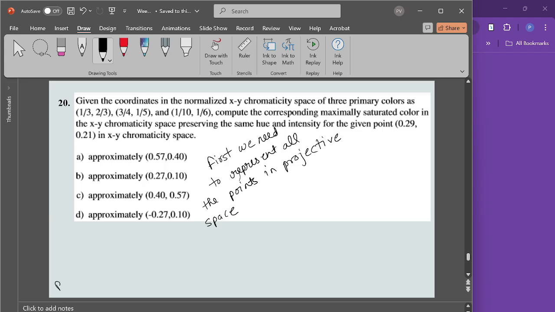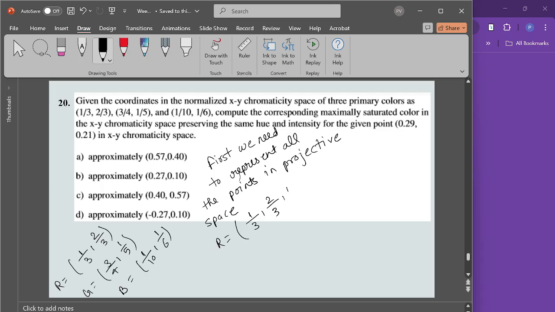So already R is given as, already told you, 1 by 3 and 2 by 3. G is given as 3 by 4 and 1 by 5, and B is given as 1 by 10 and 1 by 6. To represent it in the projective space, R is 1 by 3, 2 by 3, 1. G is represented by 3 by 4, 1 by 5 and 1, and B is represented by 1 by 10, 1 by 6 and 1.